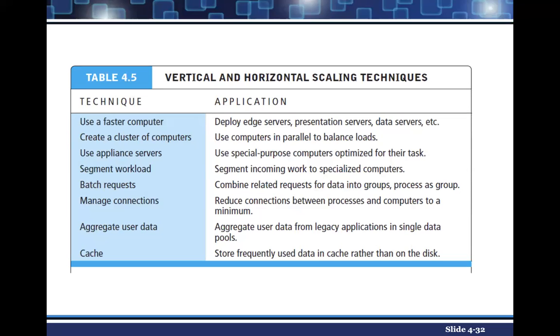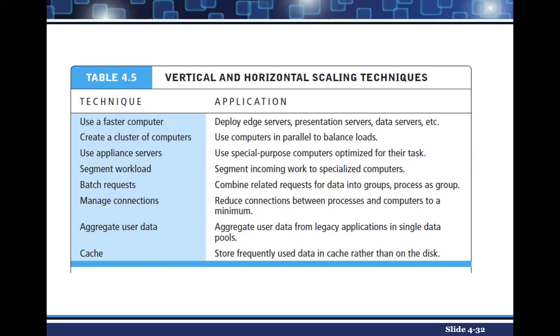Segment workload. We segment the incoming work to specialized computers. For example, validating the login you go to one server, purchasing you go to another server, when we want to see the catalog you go to the catalog server separately.